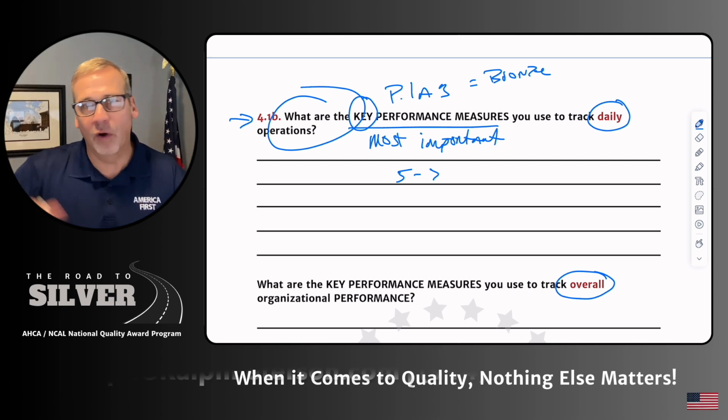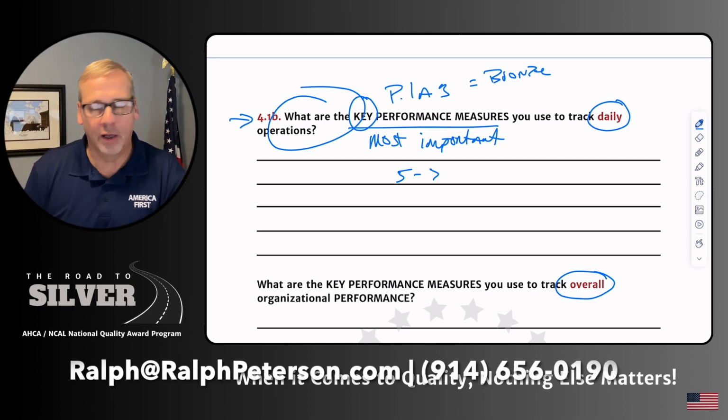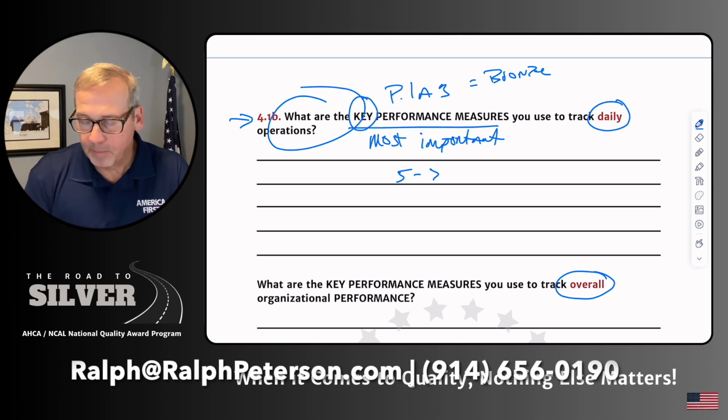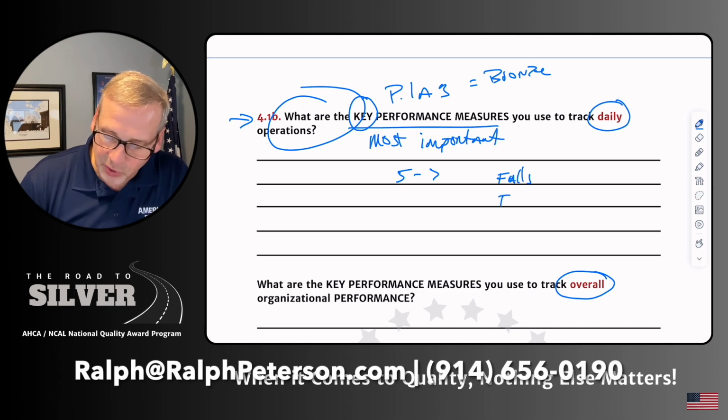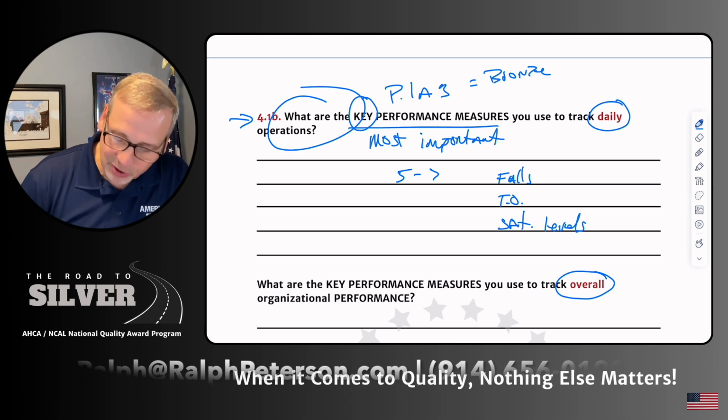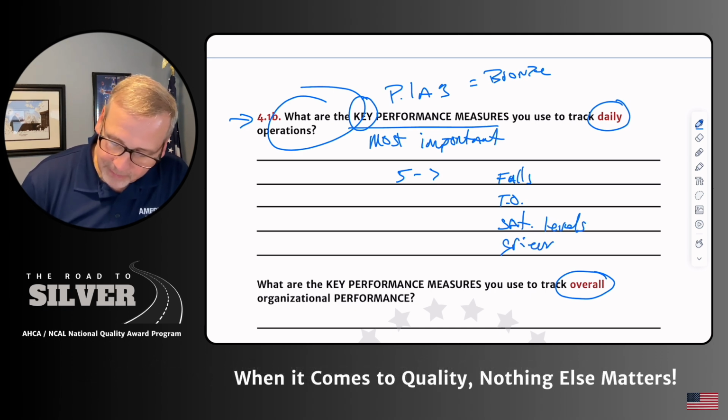Another handful, 3 to 5 of overall. But this is what I want to say. Let's say that you said we're tracking falls, we're tracking turnover, we're tracking satisfaction levels, we're tracking grievances.